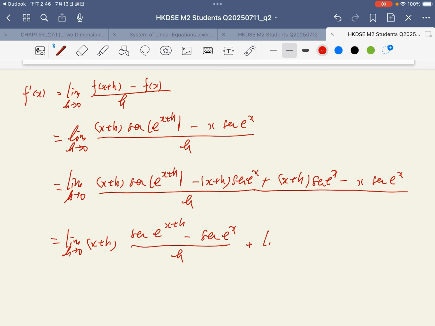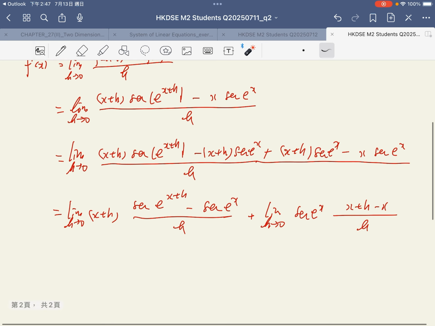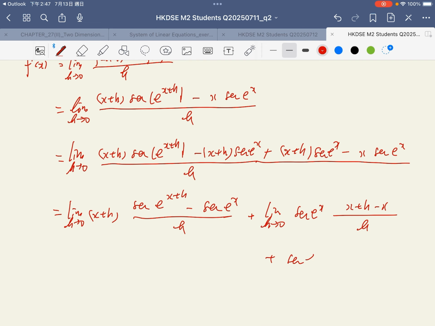Okay, for the second term, factorize the secant e^x outside, and we have (x+h) minus x. Then it is obvious, take the limit. The second term is equal to 1, so only this term is left. Finally this term gives the answer x secant e^x, plus secant e^x.